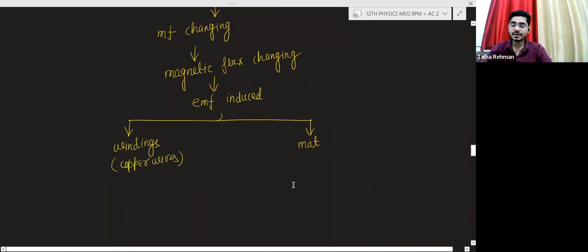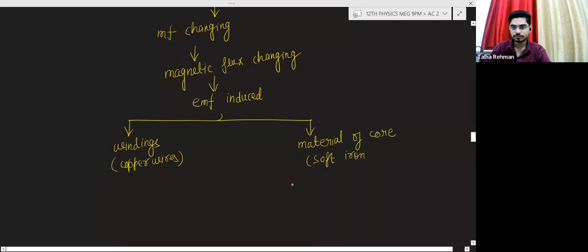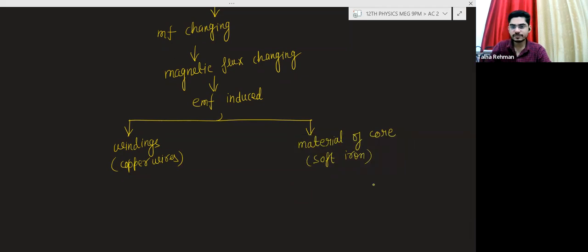The other induced EMF is induced in the material of the transformer itself, the material of the core, that is the soft iron core. So as EMF is induced in the soft iron core, due to that there will be eddy currents.